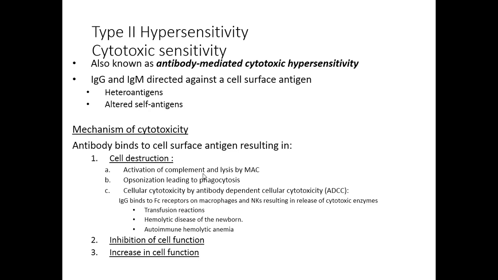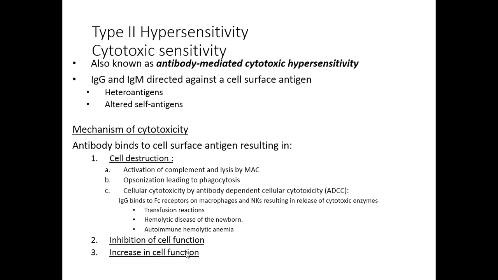The other thing that this kind of type 2 hypersensitivity reaction can do is increase cell function. What happens in this is that the antibody binds to a cell, usually again to a receptor, that's going to cause that cell to overproduce whatever its product is.